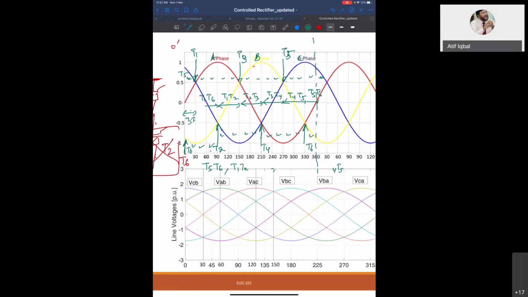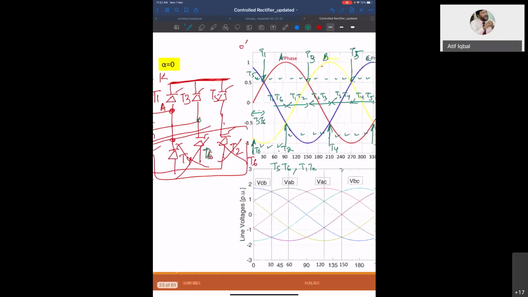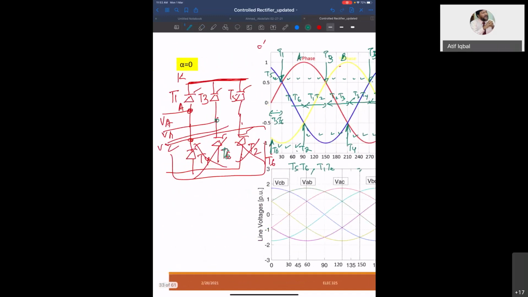We have to check what is the voltage when T5 and T6 are operating. So what is the voltage that will come here? Tell me for T5 and T6. VCB.